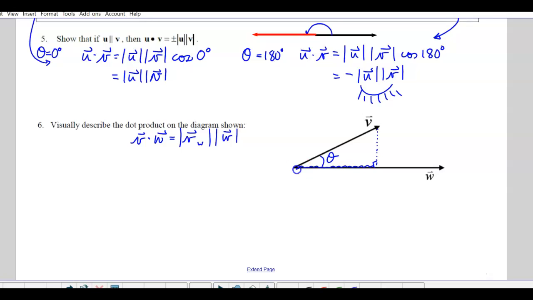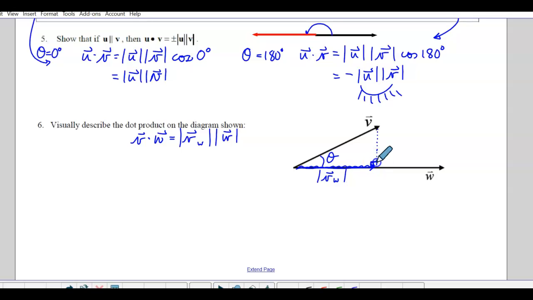This vector here is the projection of v onto w. So when you see a little letter as a subscript, that means it's a projection onto it. Okay? That's really what the dot product is. But that's hard for us to deal with. So we want to think about, in terms of this diagram, what is this side?